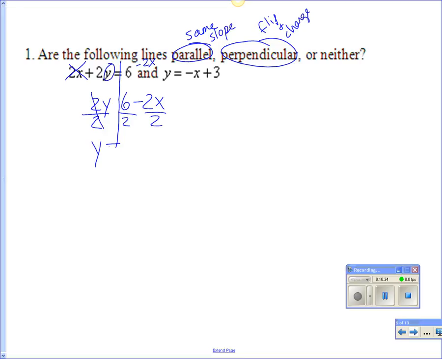So you get y equals, so you got calculators, what's 6 over 2? And what about negative 2 over 2?